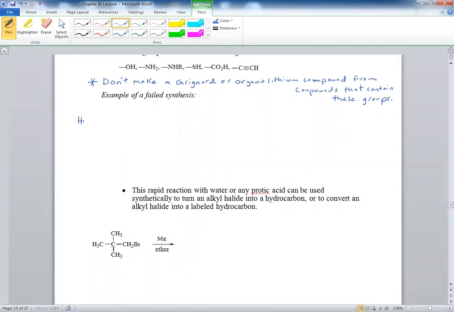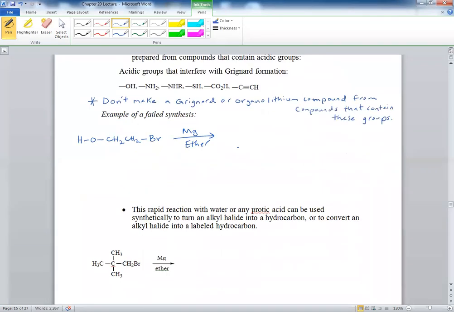If I start with this, we know that the magnesium is going to insert itself, so it's going to be this, MgBr.